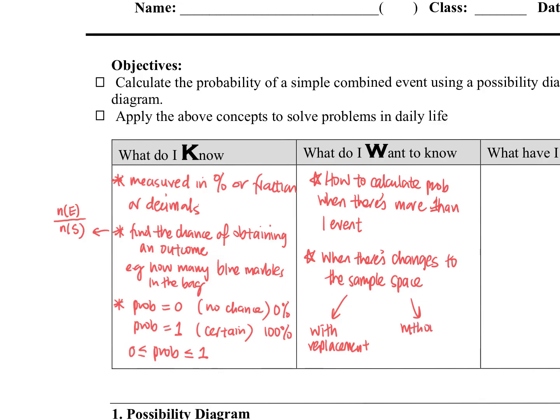Meaning, if you take something from the bag and you don't replace it back into the bag, it's called a without replacement problem. But there's also a scenario when after you take it, you put it back and then you try to get it again. So that's a with replacement scenario. So we are going to learn about these few scenarios. More than 1 event, and then with replacement, without.